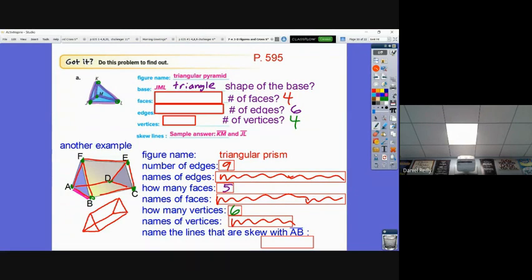Yep, EC is one. That's this line and this line. They would never intersect. Roman? FE across the top is also skew with AB. And the last one, Evie? DE. Okay, so all of those are lines that never intersect and are not coplanar. Excellent.